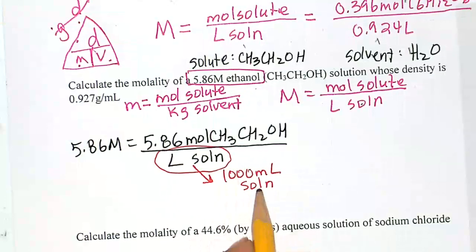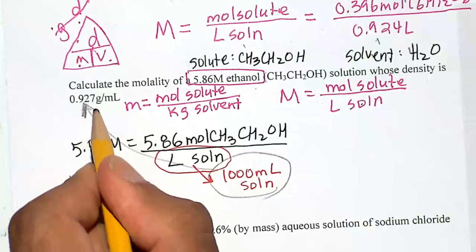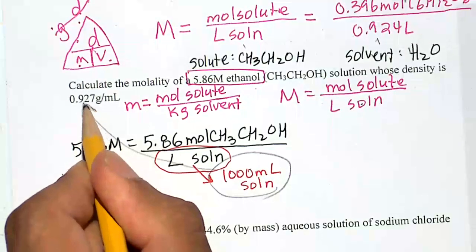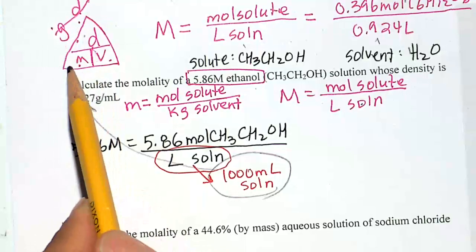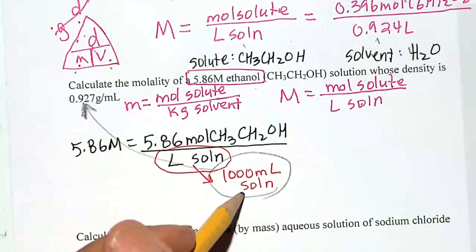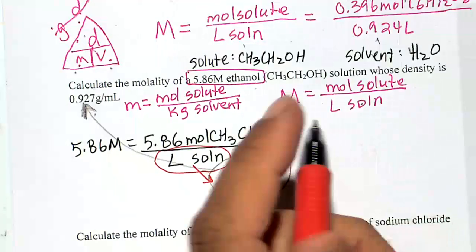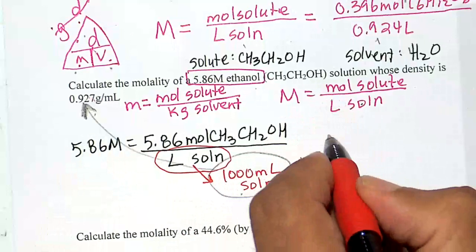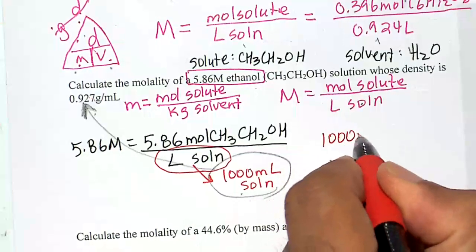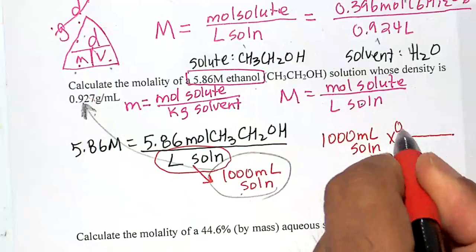Right, so I'm going to take that 1,000 milliliters and multiply it by the density to get my grams of solution. I can get density, mass, or volume, but I'm going to use this volume to get my mass. Everyone okay with that? 1 liter is 1,000 mL, so I'm going to multiply that by my density.